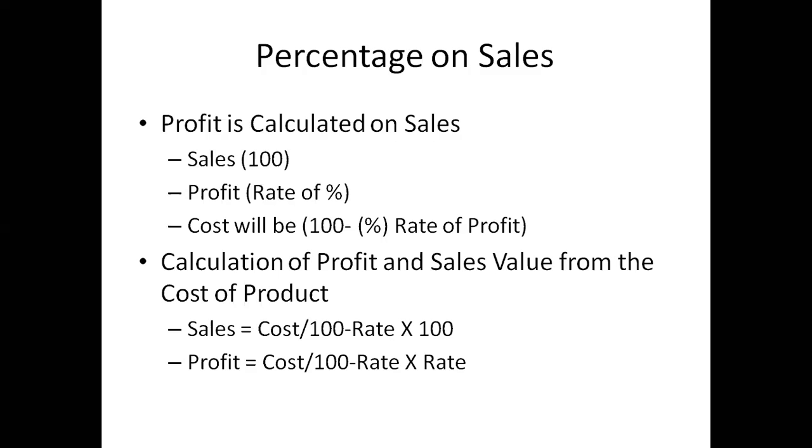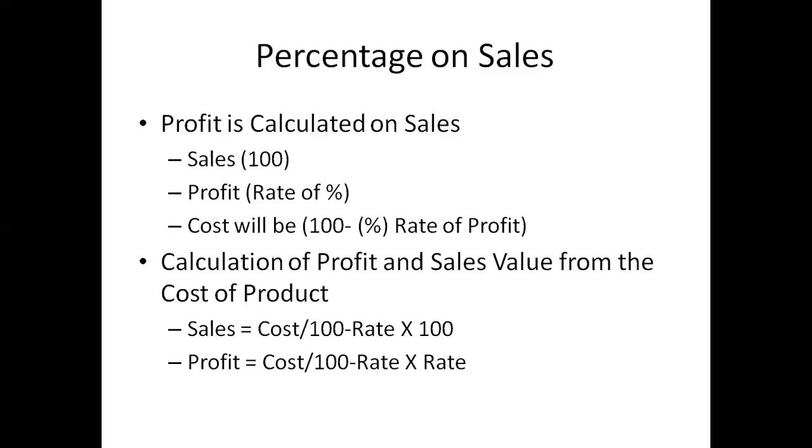How to calculate the profit and the sales when the profit is not given and the sales is also not given? The cost of the product we can arrive at from the prime cost to factory cost, then office and administration overheads and selling and distribution overheads. All the costs put together we can call cost of product or cost of sales.